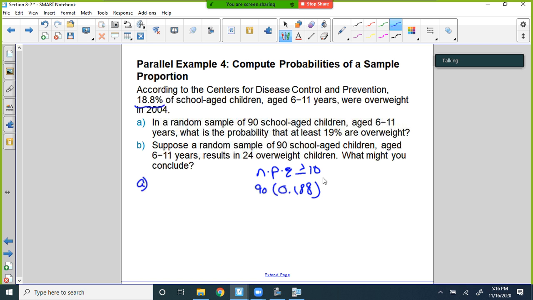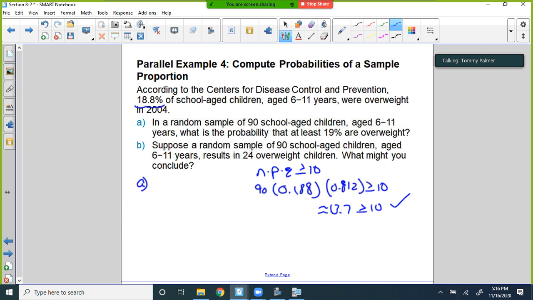And then what is q? 1 minus that, 0.812. Is that greater than or equal to 10? Well, you should come out with 13.7. Is it greater than or equal to 10? Yeah.